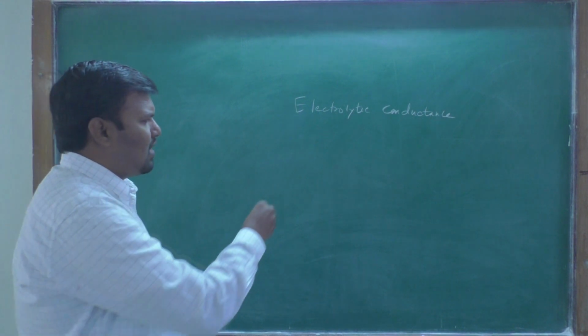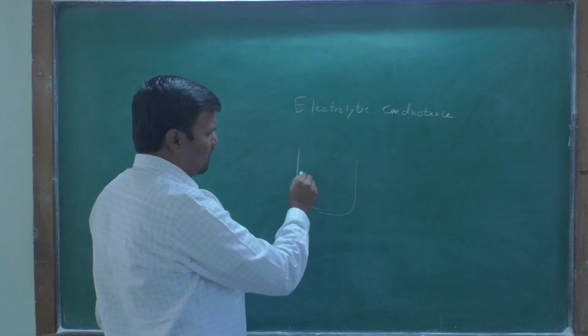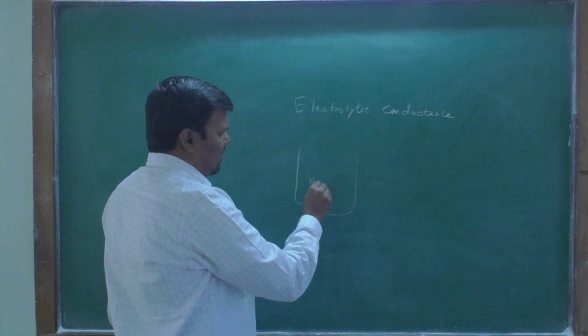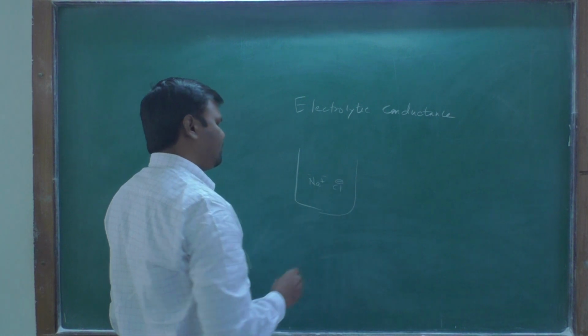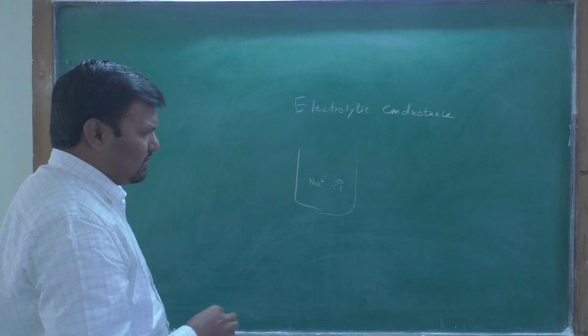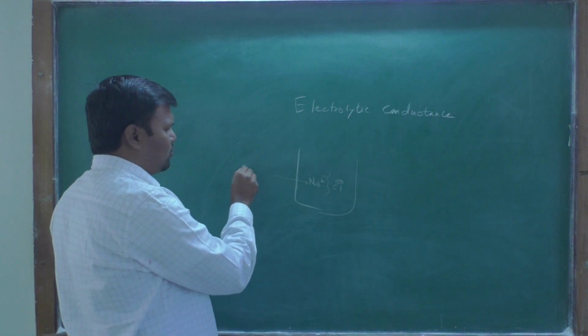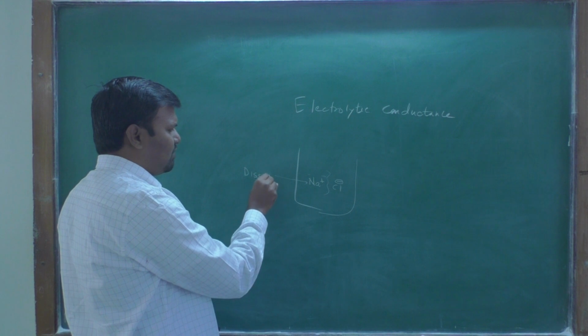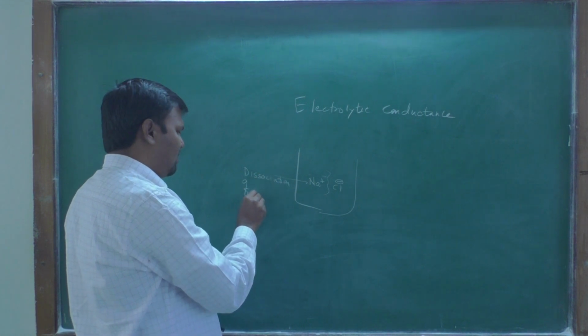Suppose we have NaCl. It gives the ions Na plus and Cl minus, and that means there is a dissociation, that is, the separation of ions means the dissociation of ions.